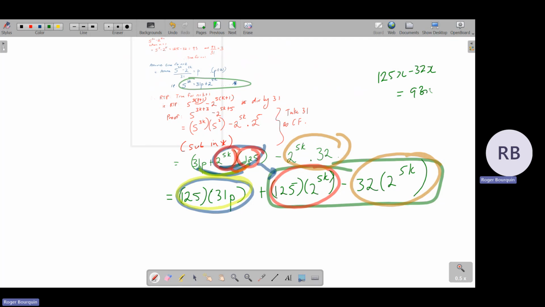So you've got 125 lots of 31p plus 93 lots of 2 to the 5k. What was our objective? We want to take out 31 as a common factor, right? Yes, because 93 divided by 31 is 3, right, so go back to take out 31.